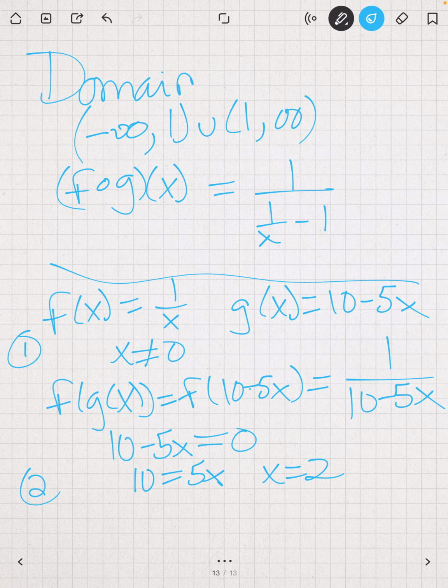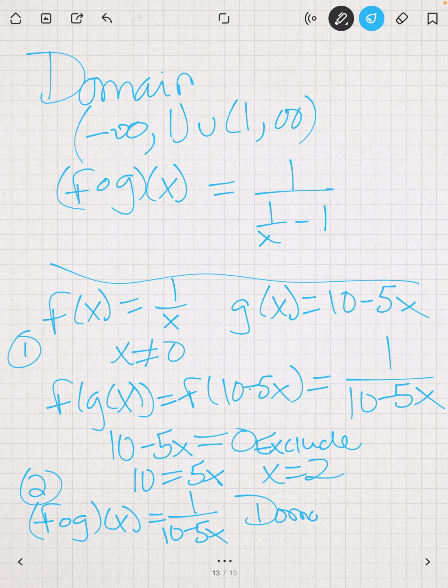And so now we exclude x equals 2. So f compose g of x equals 1 over 10 minus 5x. Our domain is negative infinity to 2, union 2 to infinity.